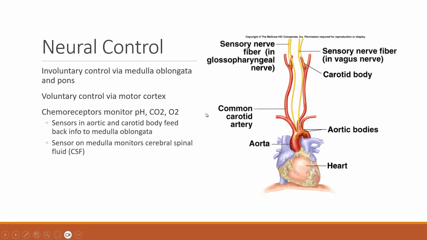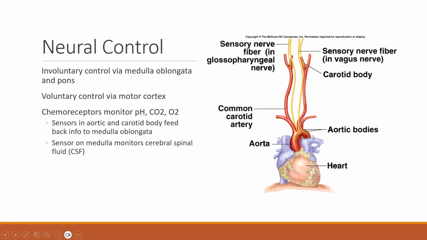Just this neural control question, I expect at least one question on this, maybe two or three. One of them could be: where are the receptors that feed back to the medulla oblongata your CO2 concentration? And you would say, okay, I have them in the aortic and carotid bodies.